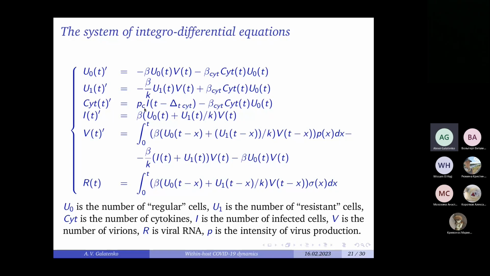Here, the third equation corresponds to cytokine production. They are produced with constant rate with a certain delay. And they are used to make regular cells immune.